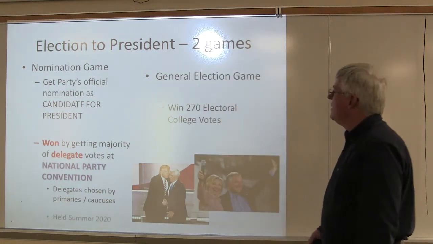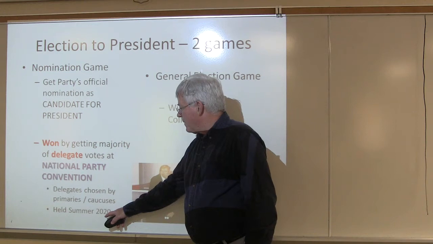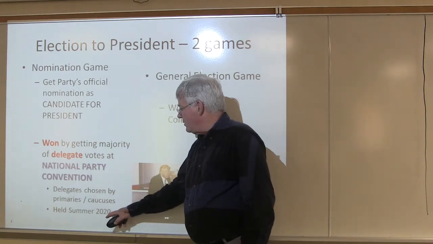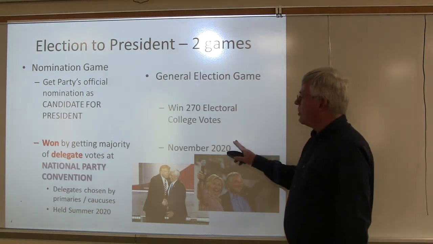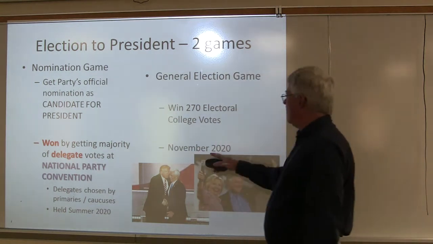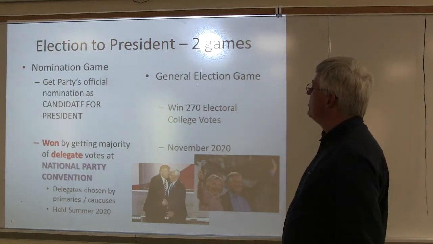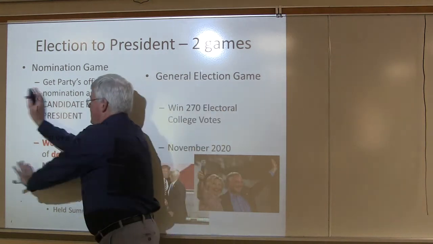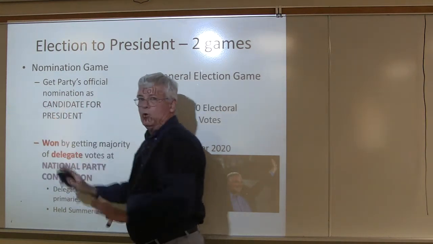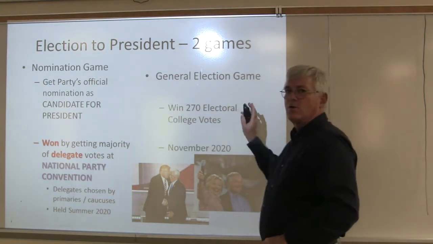Okay. And then, so, the National Party Convention is held in the summer, and then the Electoral College kicks in, and then that election, the regular Electoral College election, happens in November. All right, so this lesson is going to focus on this part only, all right? After this lesson, we're going to focus on the Electoral College.